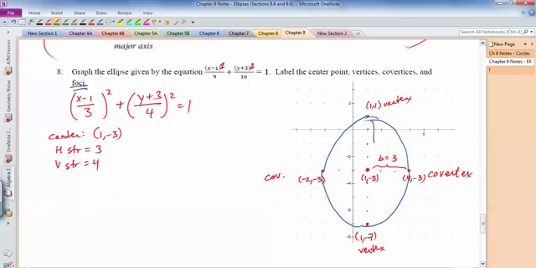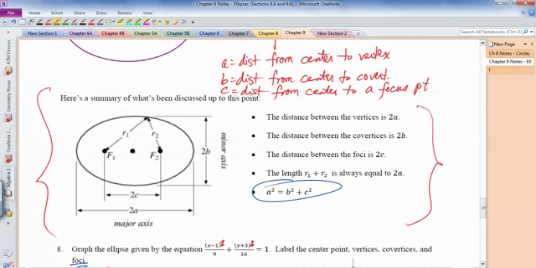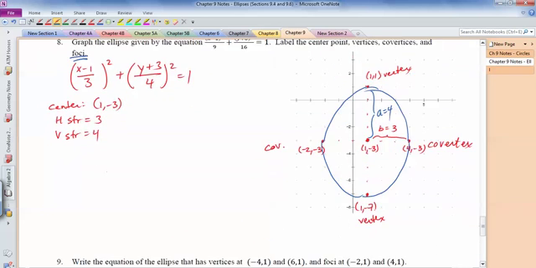Well, this stretch was bigger, so this is my a. That's 4. And then I now know that a squared equals b squared plus c squared. So let's use that. 4 squared equals b squared, which is 3 squared, plus c squared.